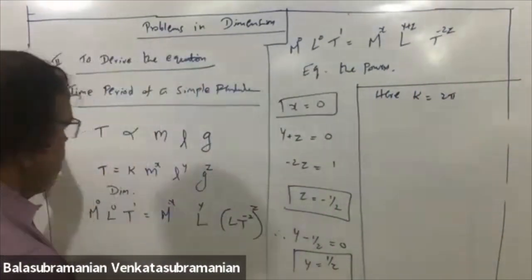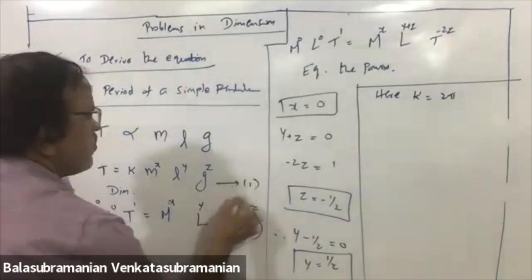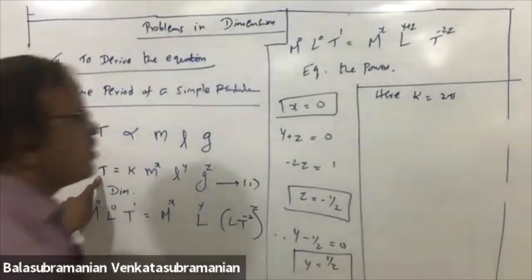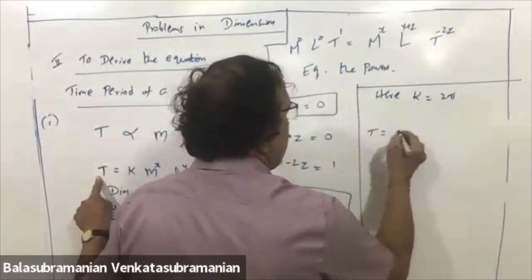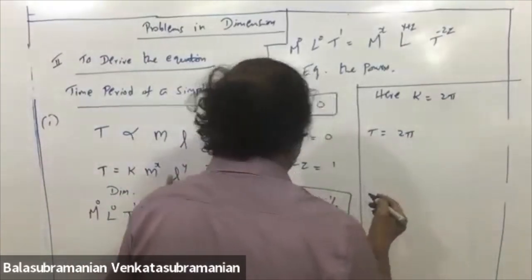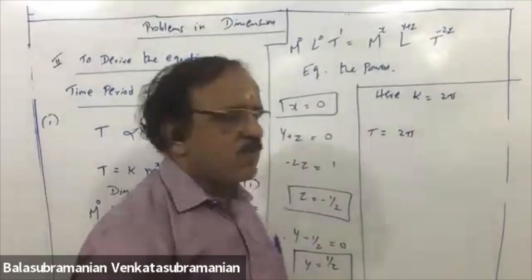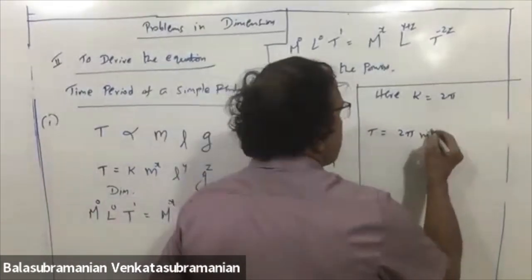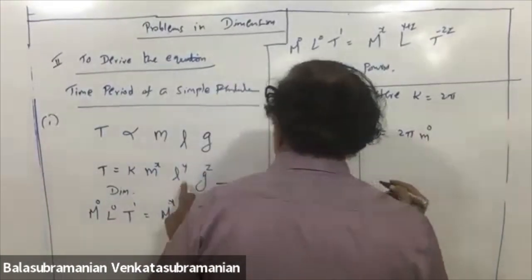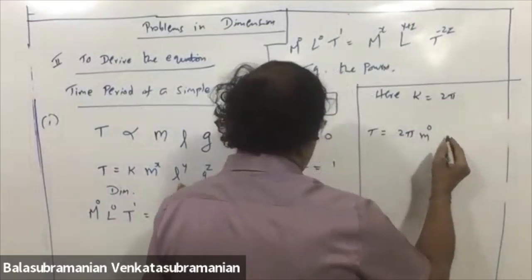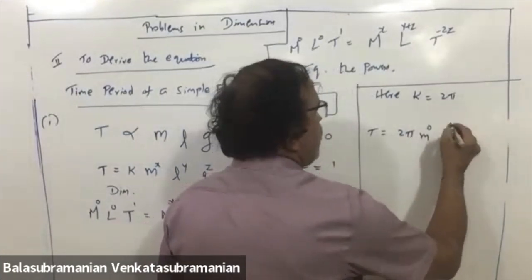So substitute in equation 1. T is equal to K, K is 2 pi. M power x, m power x is 0. L power y. What is L power y? L power half.